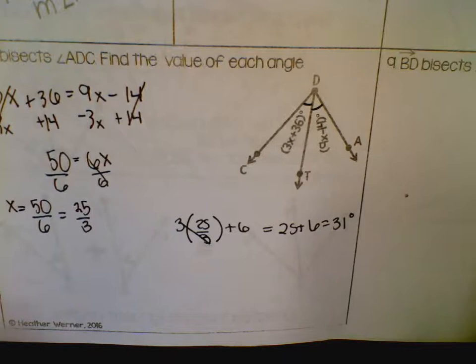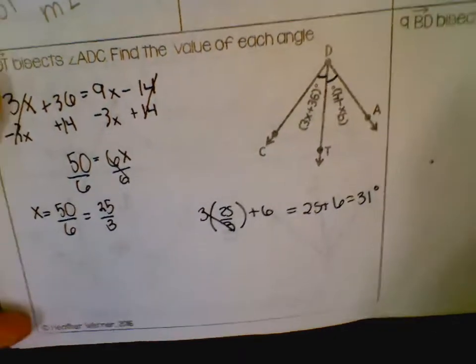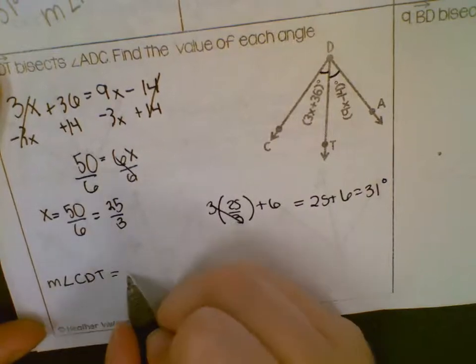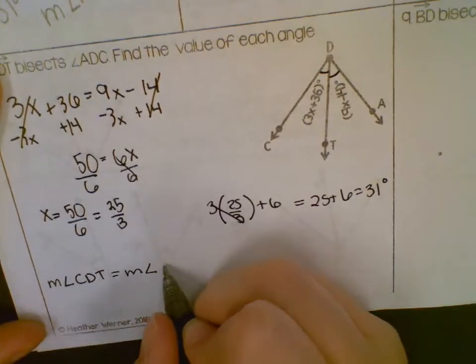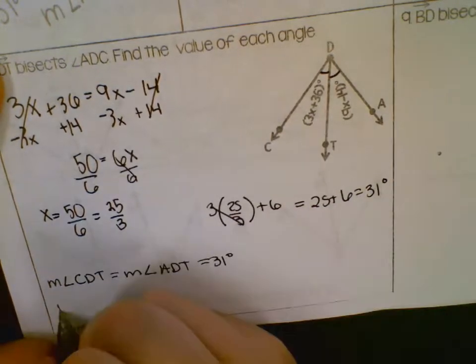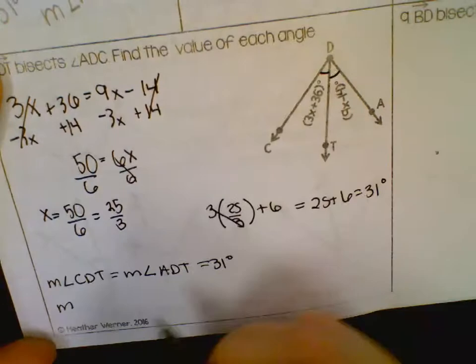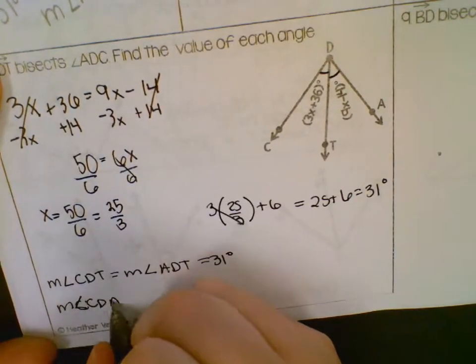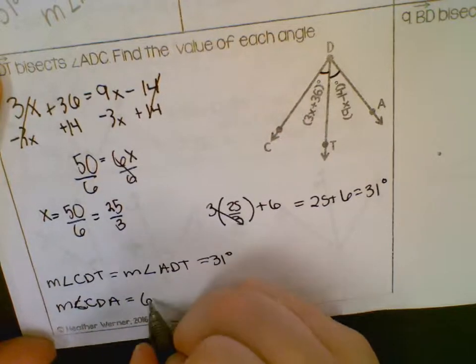Okay, so that means that the measure of angle CDT, which is equal to the measure of angle ADT, equals 31 degrees. And if we want to find the measure of the whole thing, angle CDA, 31 times 2 is 62 degrees.